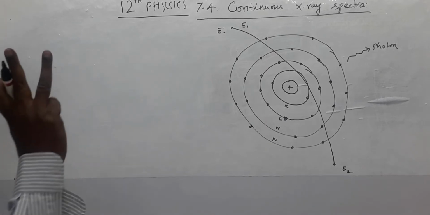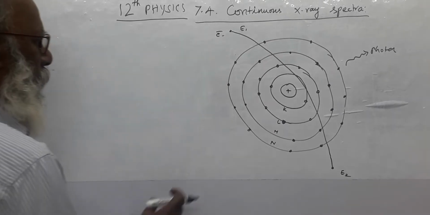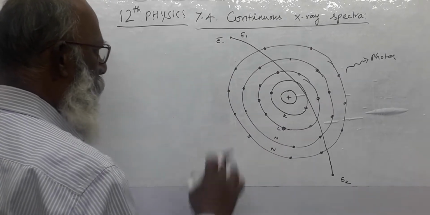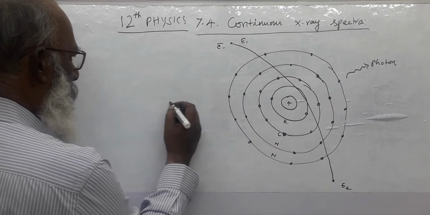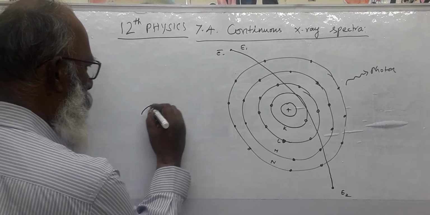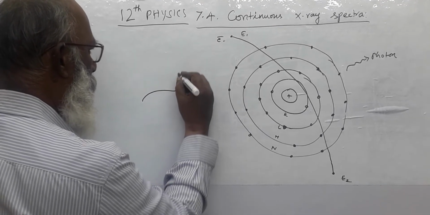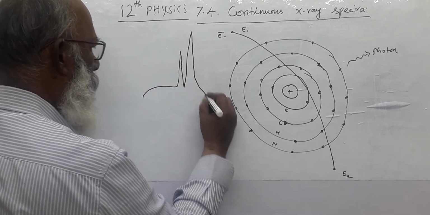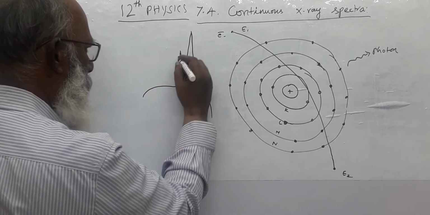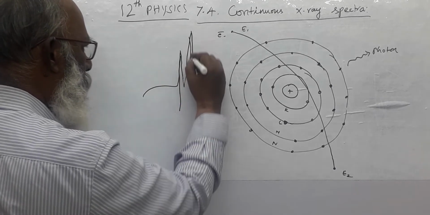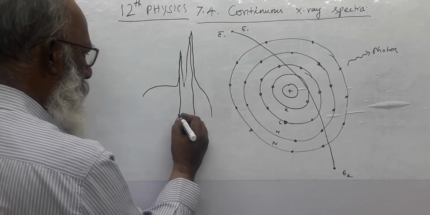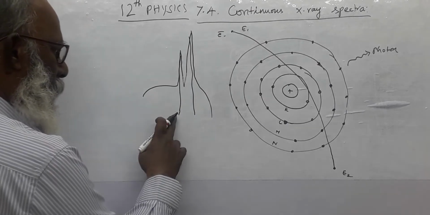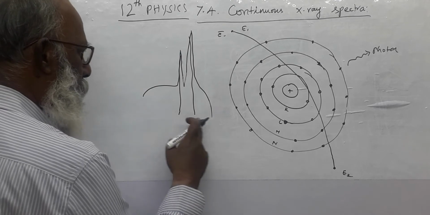two important points. One is that the spectra are continuous. The second thing is why, for a particular target, peaks are available at particular wavelengths. That's an important concept we are dealing with today. This is nothing but the line spectra.